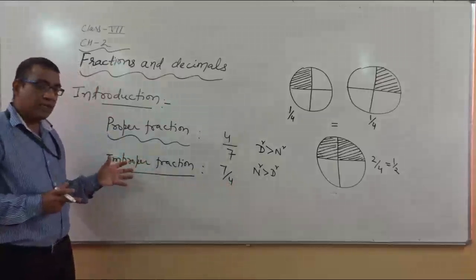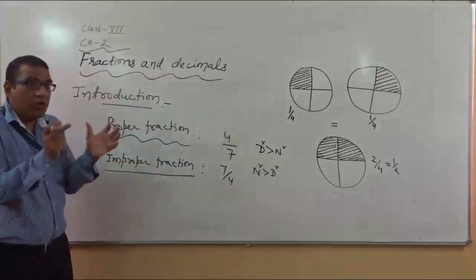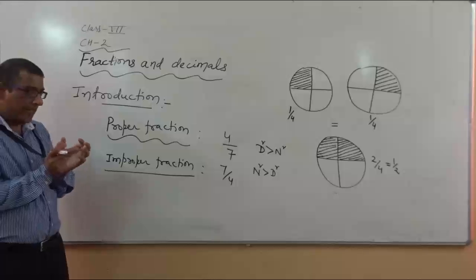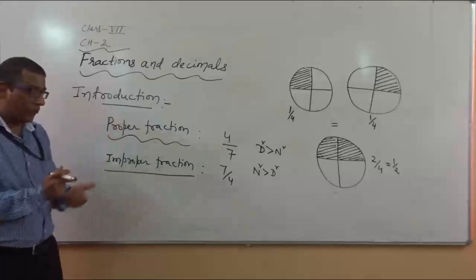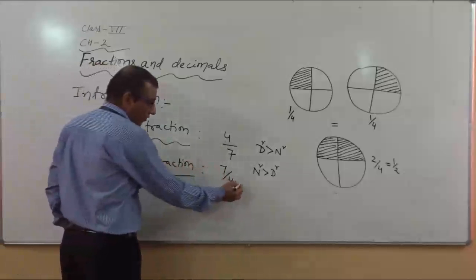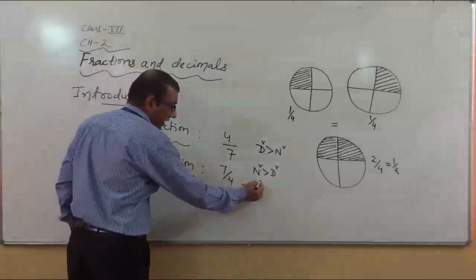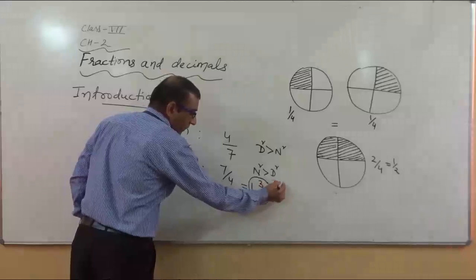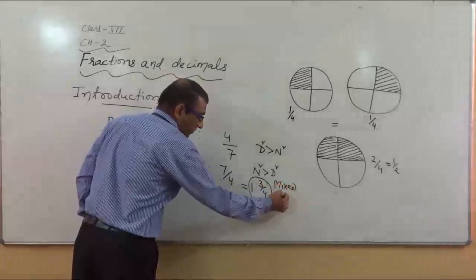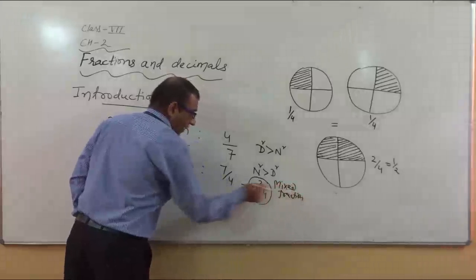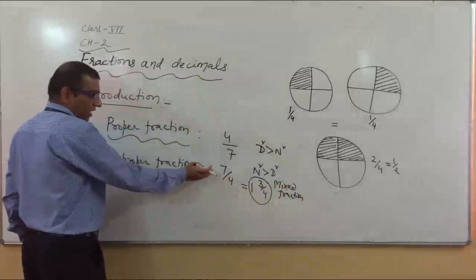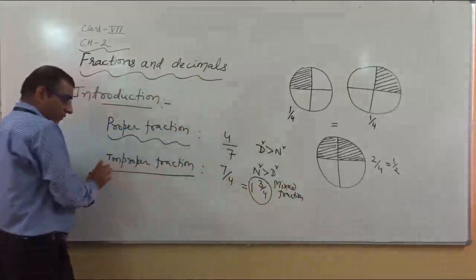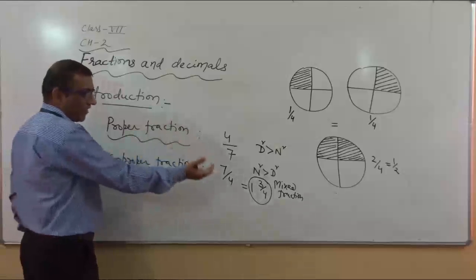It means it includes the whole part. After adding the whole part, some other parts are also remaining, because when you solve 7 upon 4, it becomes 1 and 3 upon 4, and that type of number is known as a mixed fraction. It means if the number is an improper fraction, then a mixed fraction is possible.